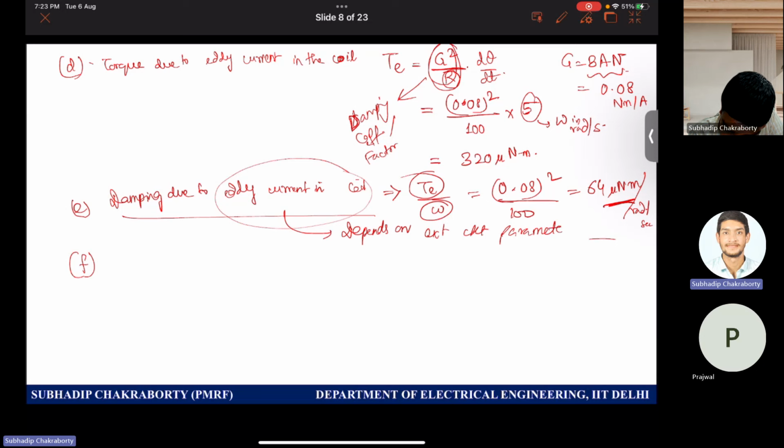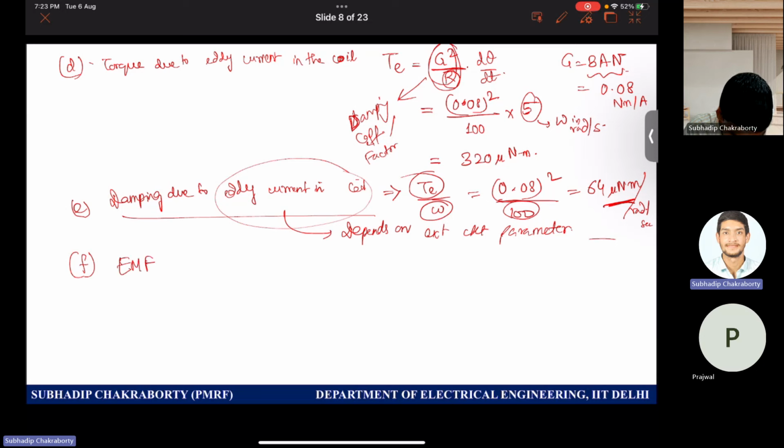So not only the instrument parameter, but also the external circuit parameter which we connect to the coil, like the external resistance, because net resistance plays a role in the damping due to the eddy current flowing in the coil. Therefore, the damping due to eddy current in the coil is not only a property of the instrument, but also depends on the external parameter. So please remember that.